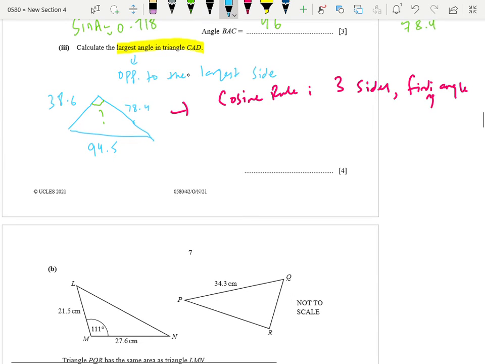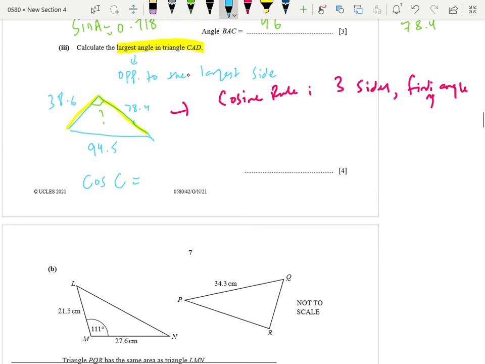So let's apply that, and since we are looking for angle C, that would be cos of angle C equals, you have to square the two legs of the sides. Let me show you what are the two legs. So these are the two legs. This one is the first leg of this angle, and this side is the second leg of this angle.